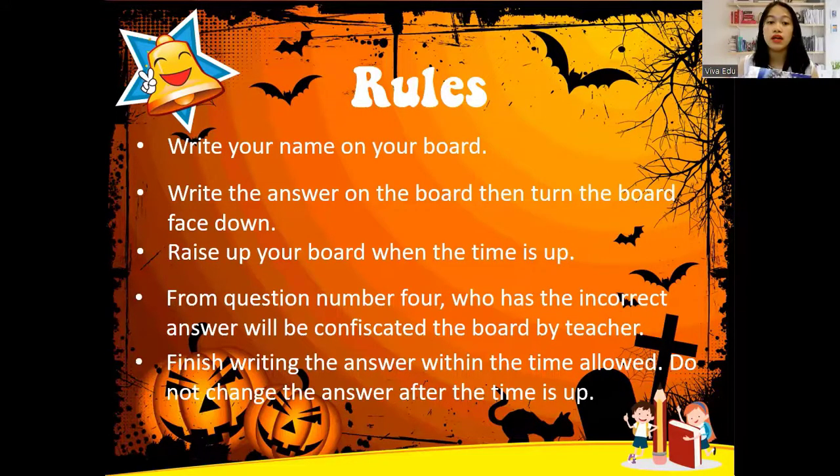For grade 1 and grade 2, from question number 4, whoever has the incorrect answer, the TA will take away their vote. It means that student is out of the game. For grades 3, 4, 5, it is from question number 5.